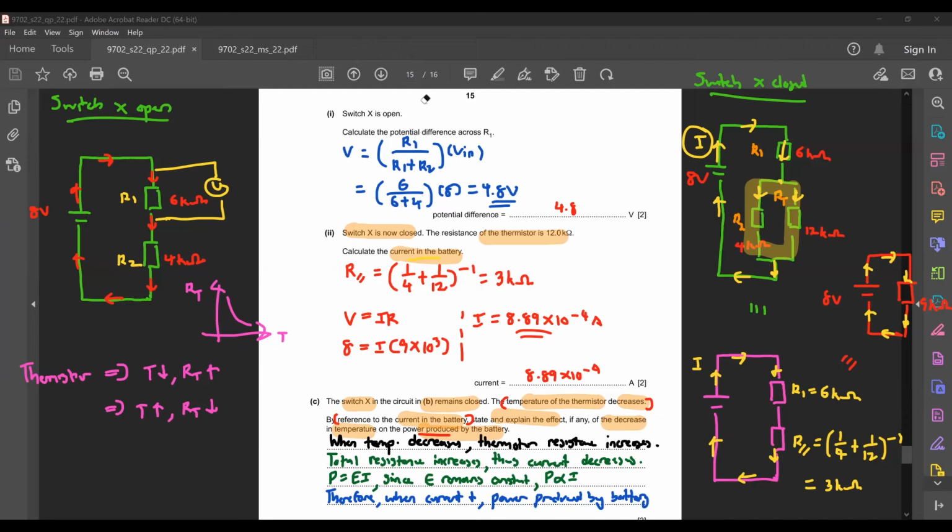Right? When your current decreases, your power produced by a battery decreases.